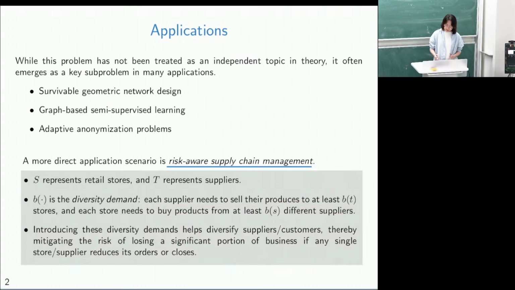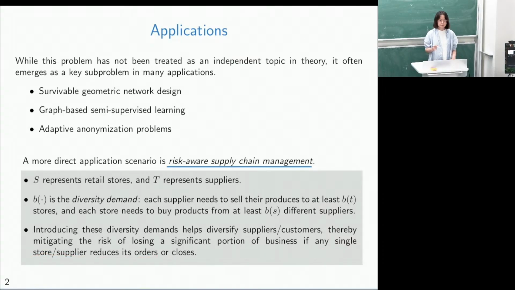Then this diversity demand allows us to diversify our business, and it helps us not to lose a significant portion of business if any single store or supplier reduces its orders or closes.